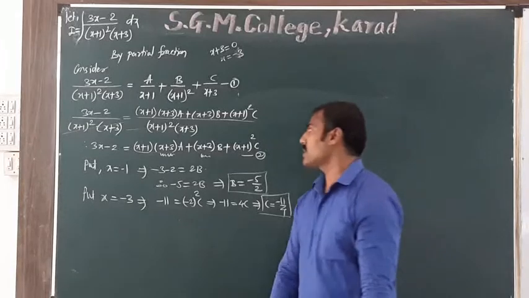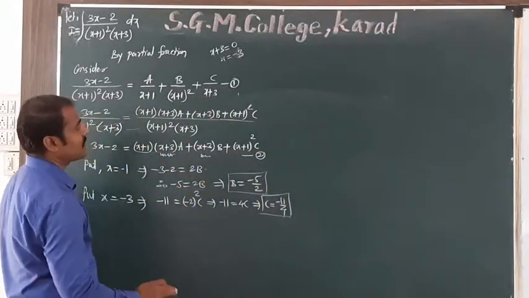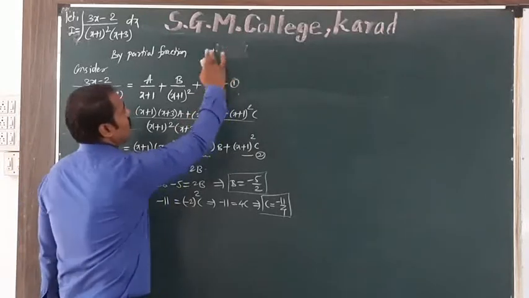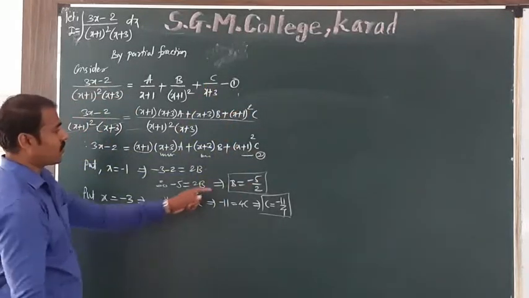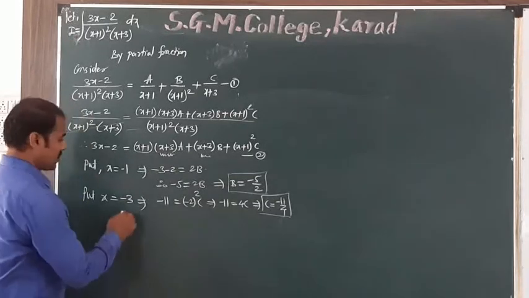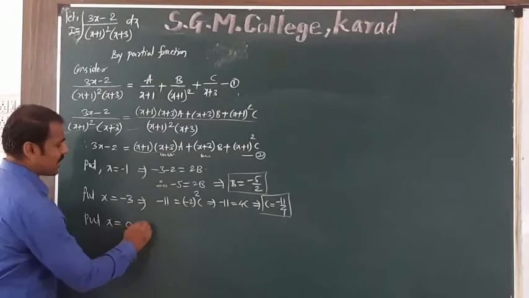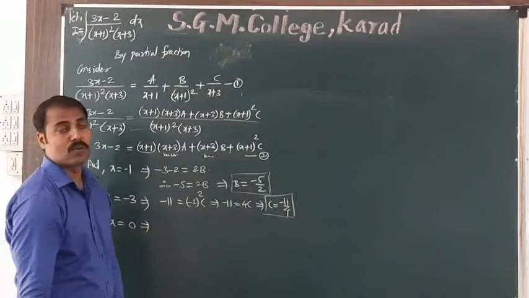Now there is no common factor remaining. So for finding the value of a, put any value of x. Put x equal to... for easy calculation I can put 0.